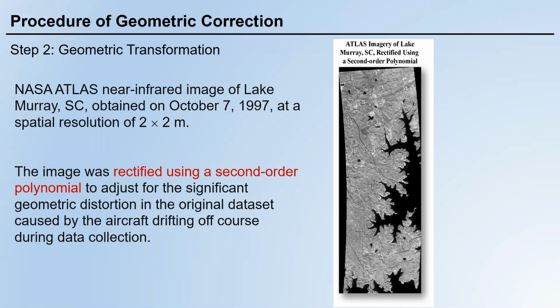Usually second order is good enough to adjust for the significant geometric distortion in the original data set caused by the aircraft drifting off course during data collection. Unfortunately, I don't have the original image here. It would be better if you can compare, but right here, it's the result.